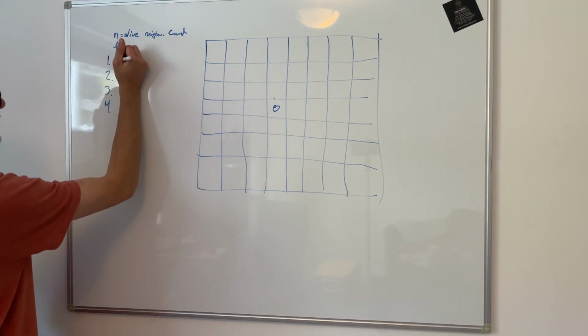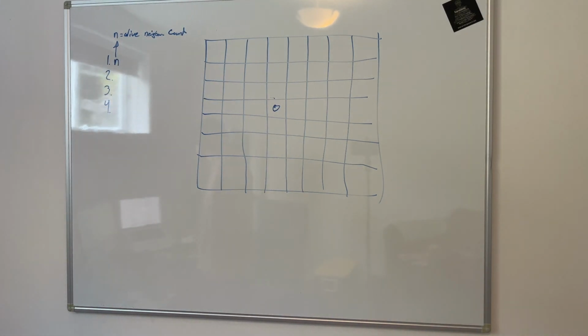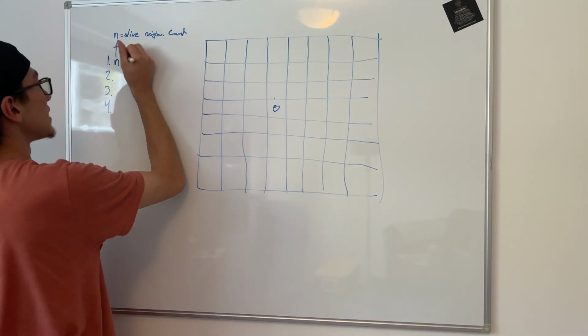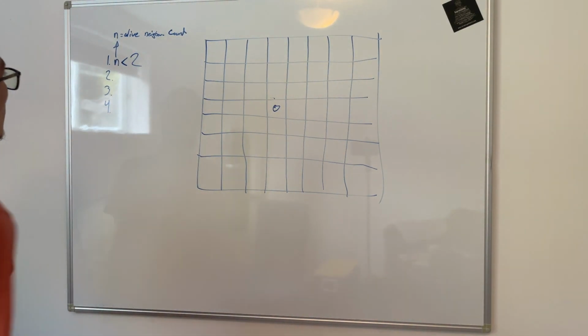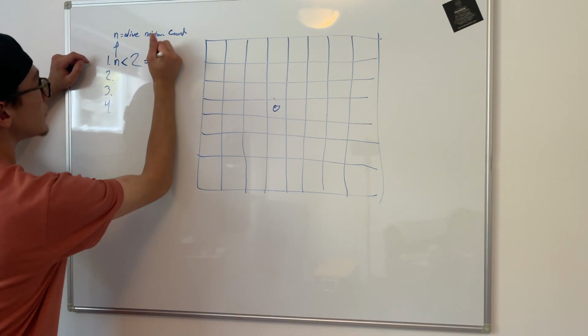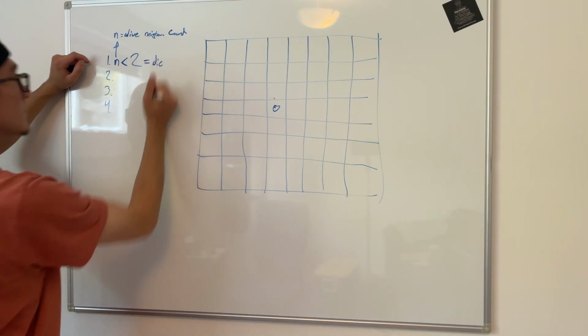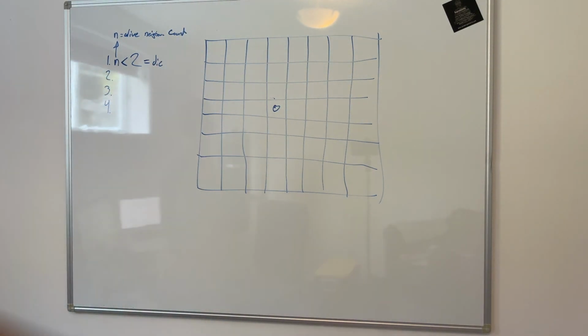So if the number of neighbors is fewer than 2, so less than 2, you die. Or you're already dead, that doesn't matter.